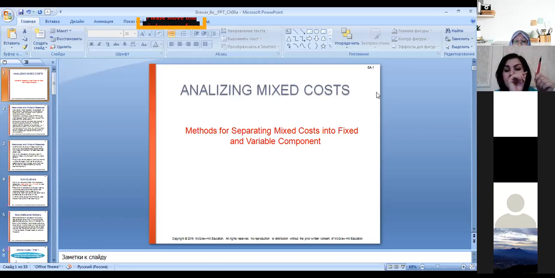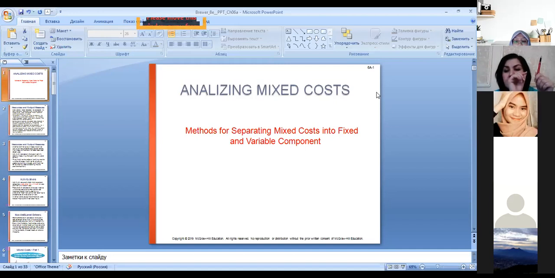Direct material, yes, and direct labor, and manufacturing overhead. These are product costs.